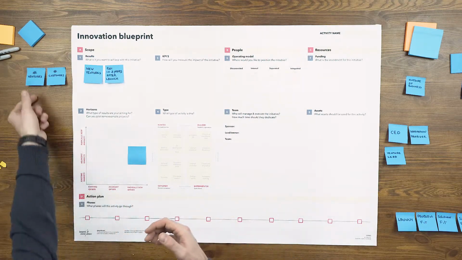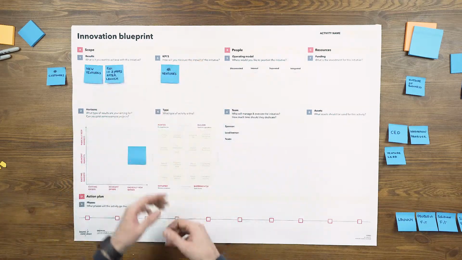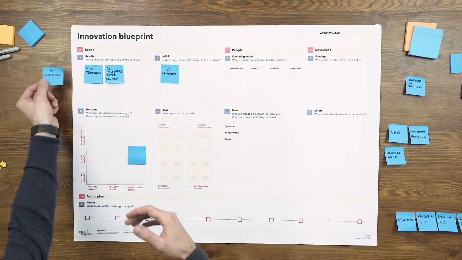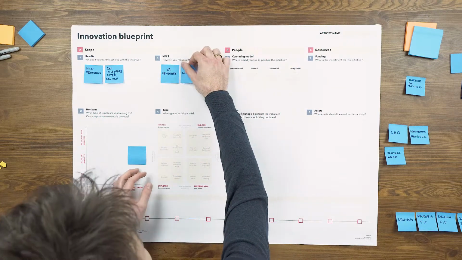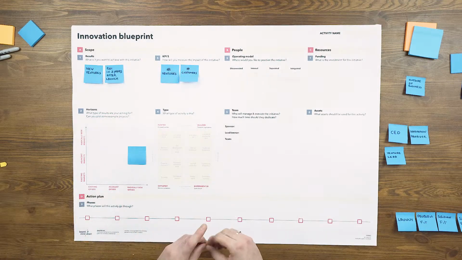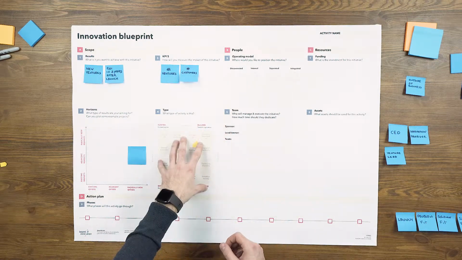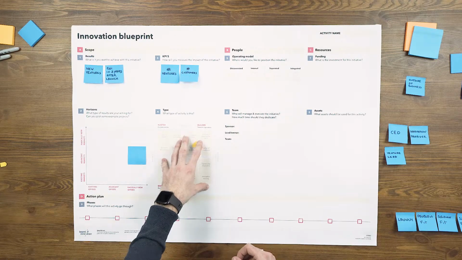A general example of KPIs could be the amount of ventures you launch or the amount of customers each of the ventures has. The final element of the scope of the innovation activity is the type of innovation. In this case, we're talking about an internal accelerator, so it's good to mark it out on the innovation matrix.